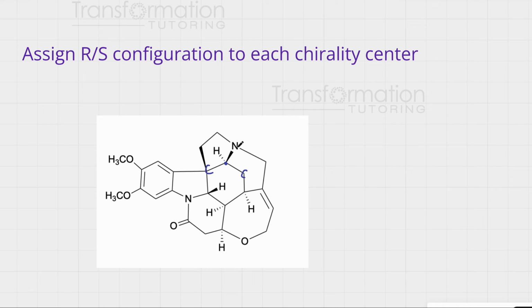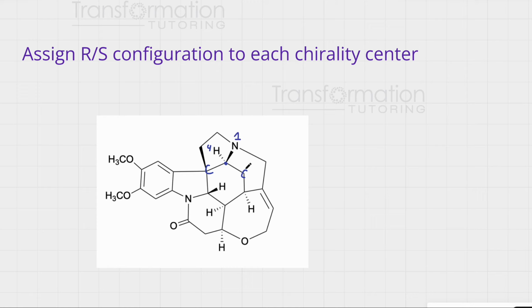Hydrogen is the smallest, so it will get number 4. Nitrogen has the biggest atomic number on the periodic table. That's what you're supposed to look at. If you're not sure, take a look at the periodic table to help you assign priorities. Nitrogen is bigger than carbon and hydrogen, so it gets number 1.